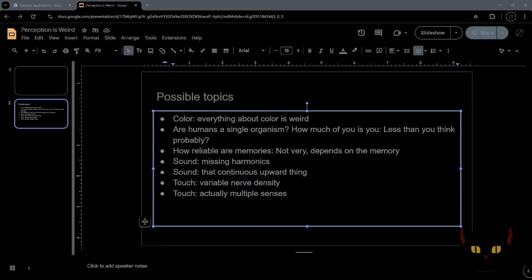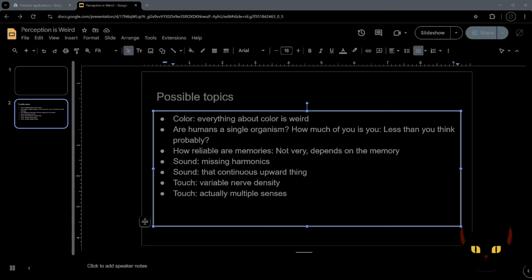Touch is weird, because your sense of touch, right? You feel pressure, right? When you press against something, right? That's a sense of pressure. That's a different set of nerves than the ones that measure heat, right? Which is a different set of nerves than the ones that measure pain. Right?